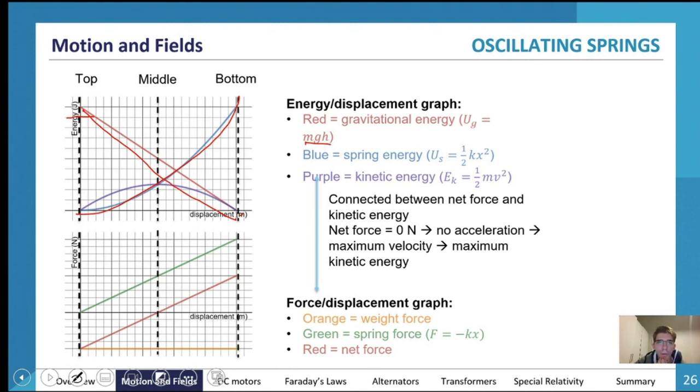And in purple, it's the kinetic energy, but it looks like an inverted parabola. The reason is it's because it is, right? It's still an exponential graph. What is interesting about this slide, though, is that the weight force, of course, it's constant.